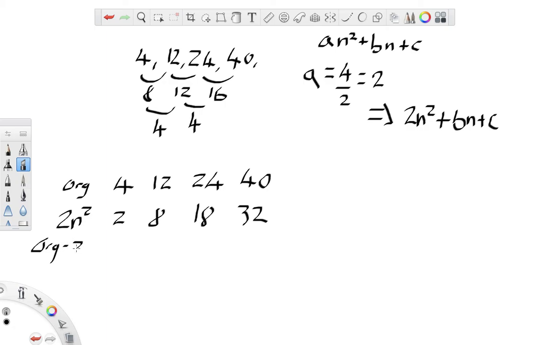Then, like before, we just do our original sequence minus the 2n squared part. So 4 minus 2, well, that's 2. 12 minus 8 is 4. 24 minus 18, that's 6. And then 40 minus 32 is 8.